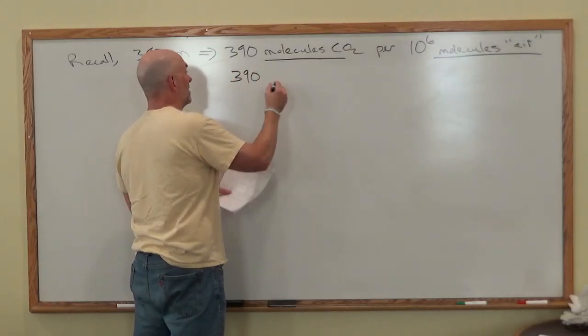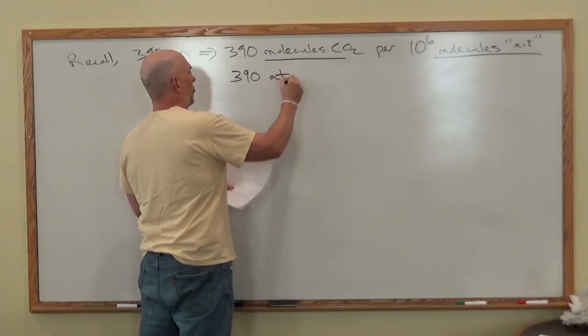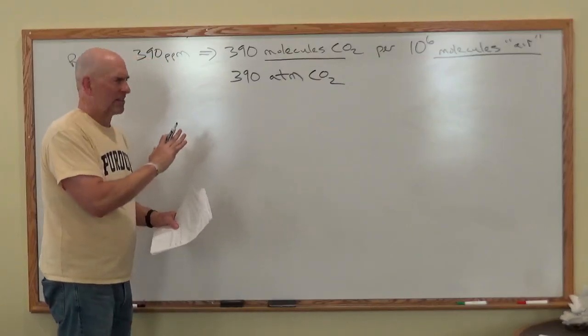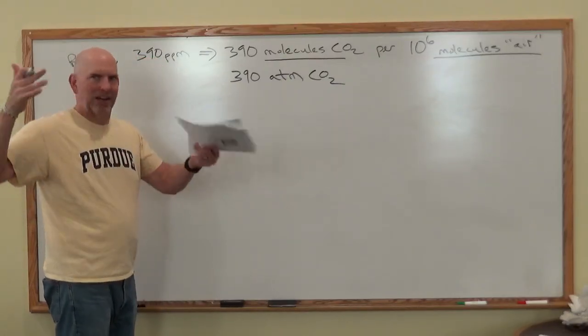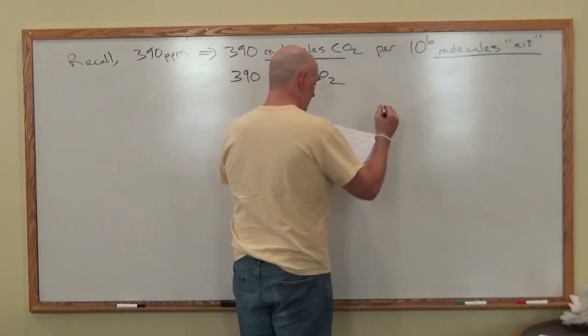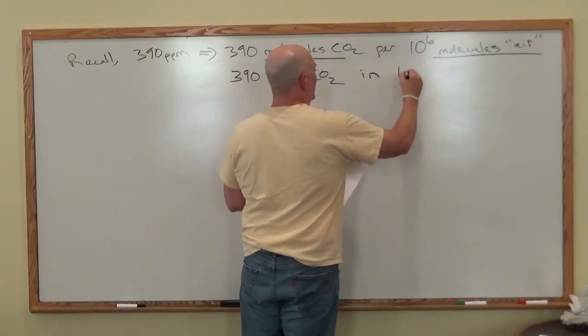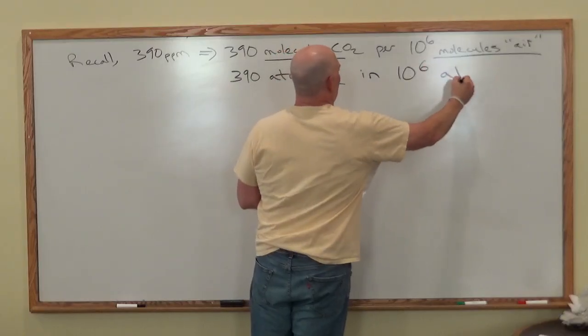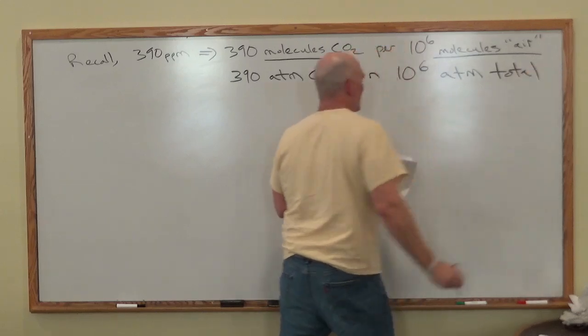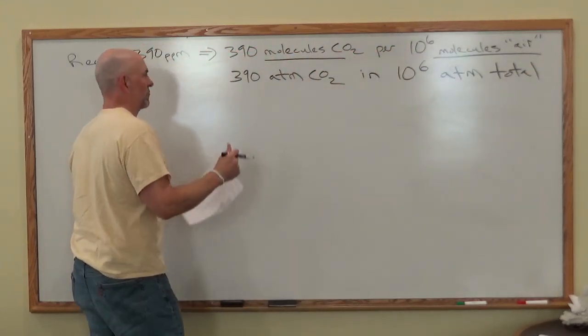If we used atmospheres, this would be 390 atmospheres of CO2, which is ridiculous. I mean, right now, everything we're in is about 1 atmosphere. In 10 to the 6th atmospheres total. And that seems very strange, but this lets us do something really simple.